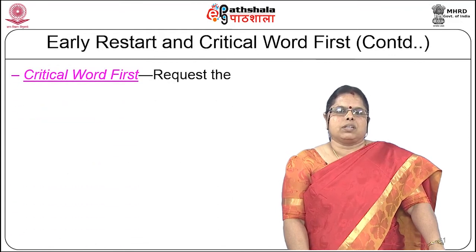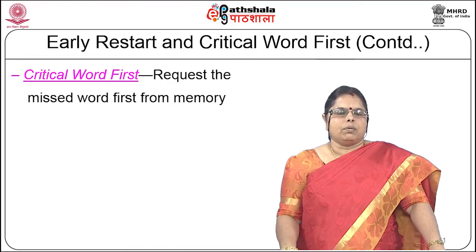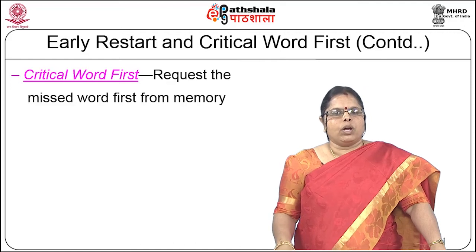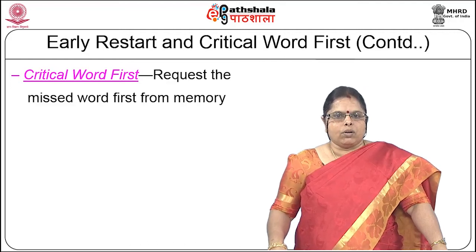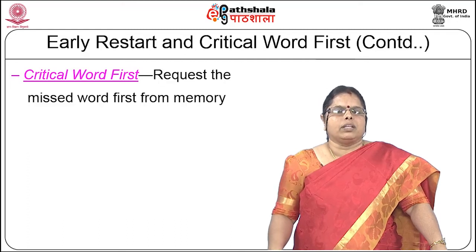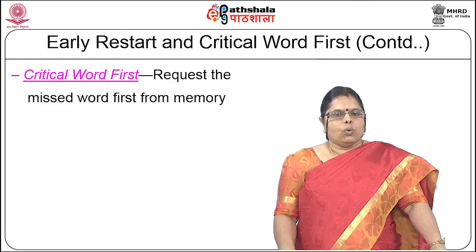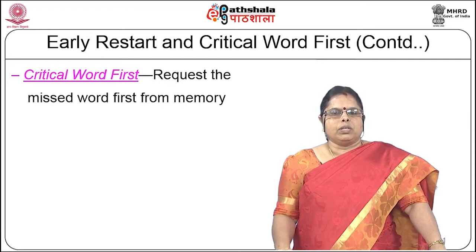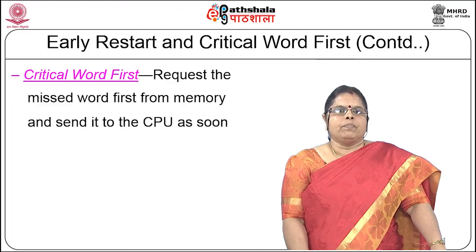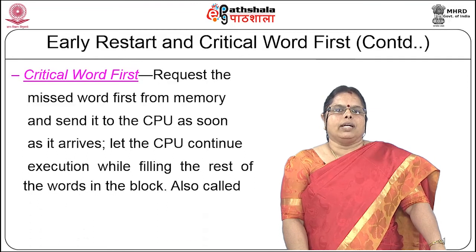So, that is the first technique. Early restart basically depends on where the word is available in the block. If the word is available towards the end of the block, then you may not gain too much of an advantage by doing an early restart. So, the other technique that we look at is critical word first, where once you have a miss occurring, you go to the exact location in the block, get the data, transfer the data to the processor and then transfer the entire block.